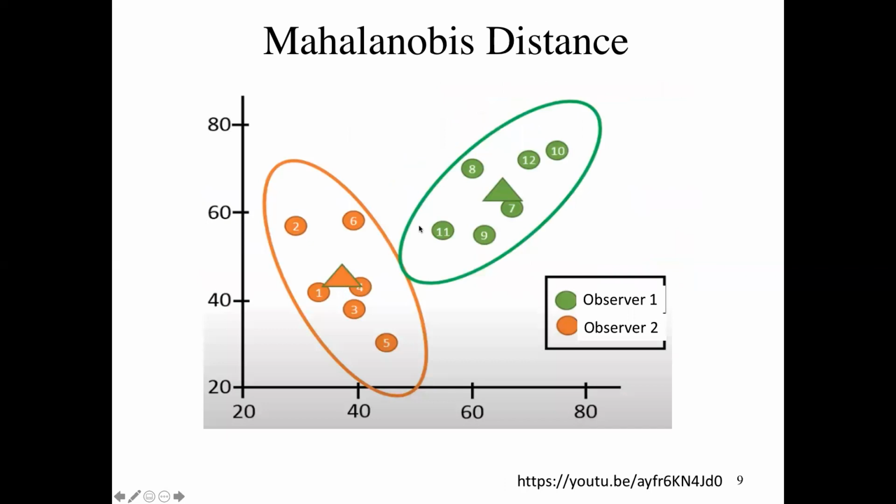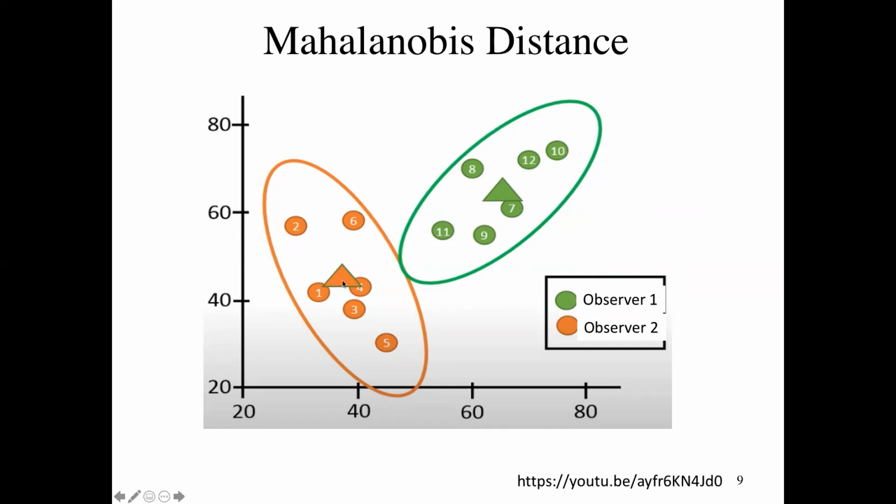If we have two measurements, say from two observers, and you ask how far apart those measurements are, it matters that you make that a normalized distance, right?